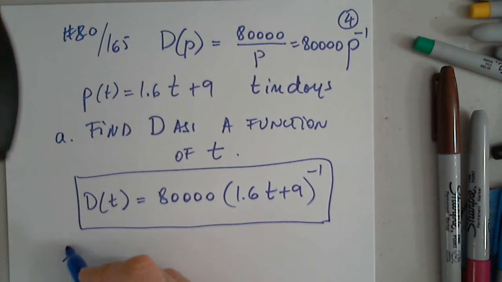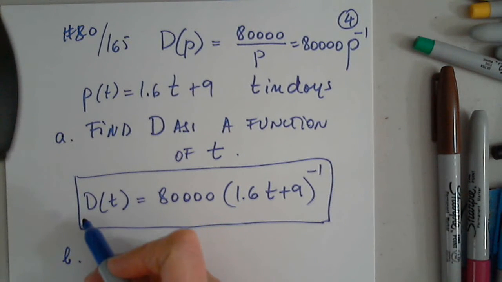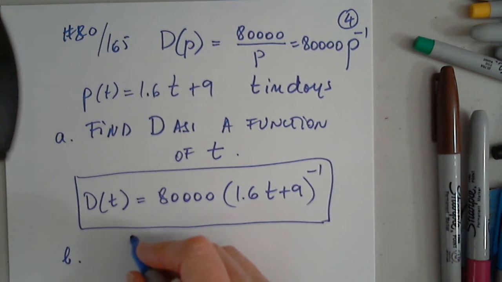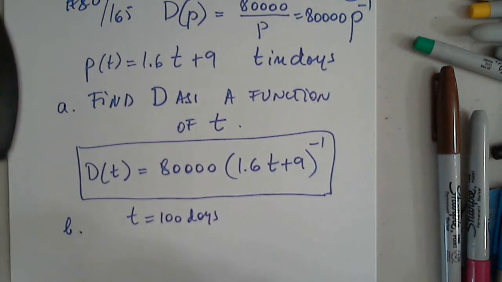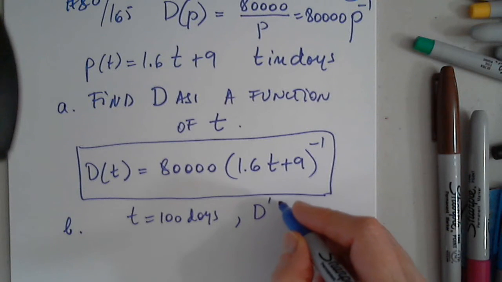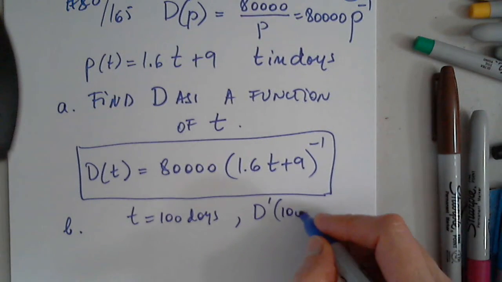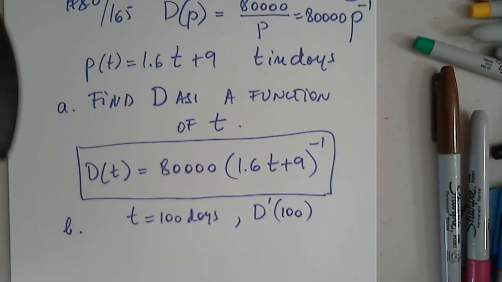Part B. In part B, they say, find the rate of change of the quantity demanded when T equals 100 days. For T equals 100 days, we are asked to find D prime, the rate of change, when T is 100.